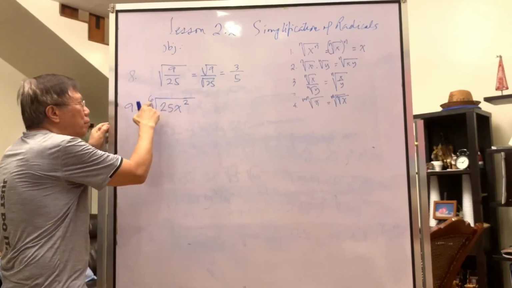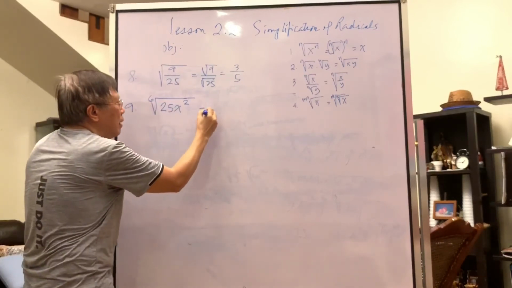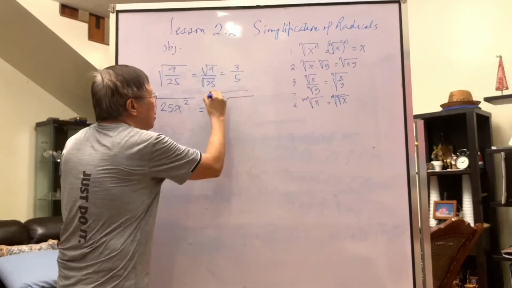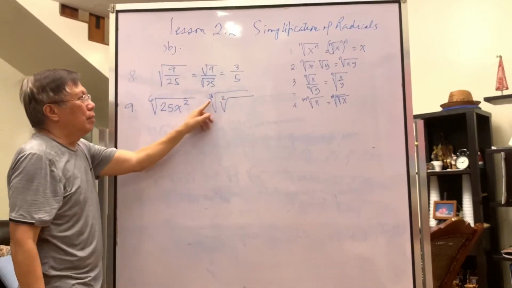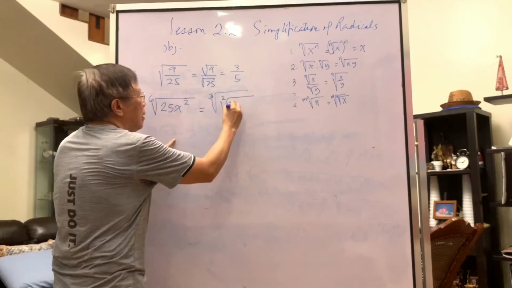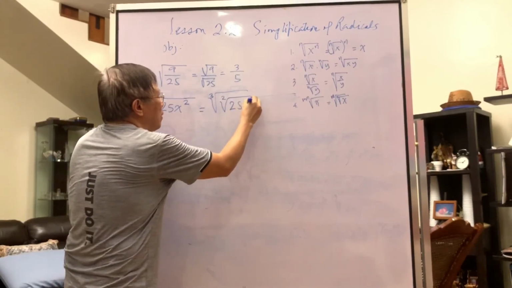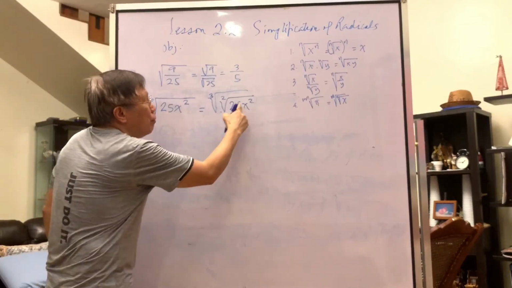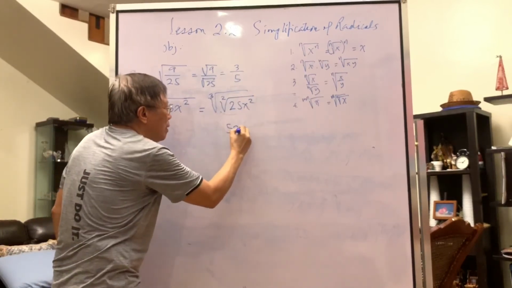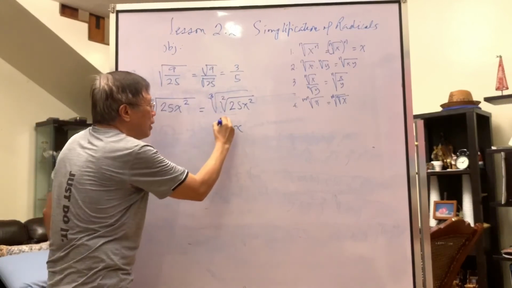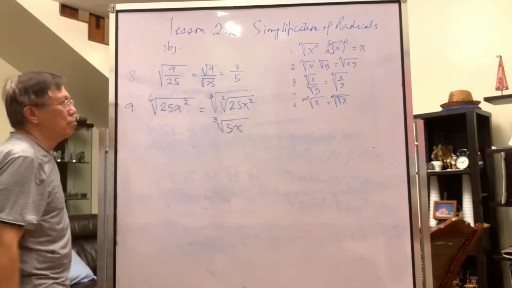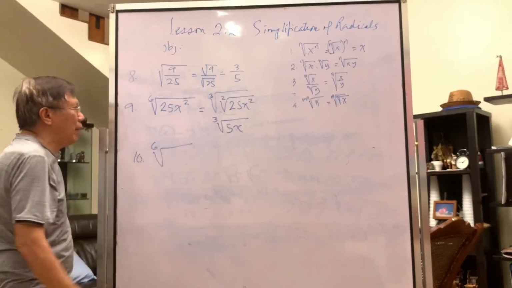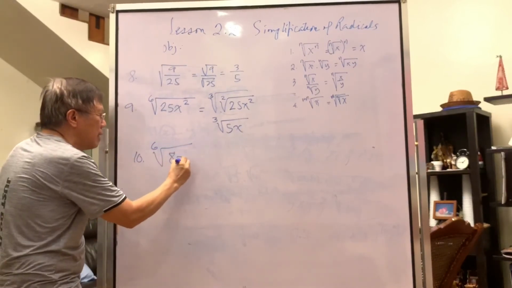So we should split 6 so that the inner index is a square and the outer index is the cube. 3 times 2 will give us 6. So we get here 25x squared. Now, we can simplify this one, and from law number 1, this becomes 5x, and then don't forget this, that's a cube.